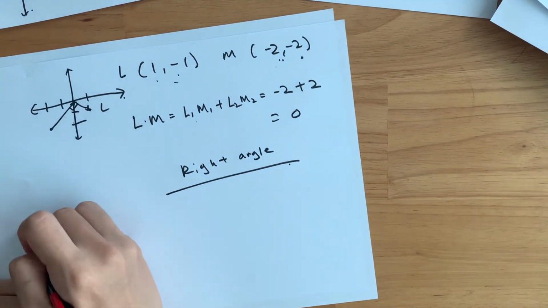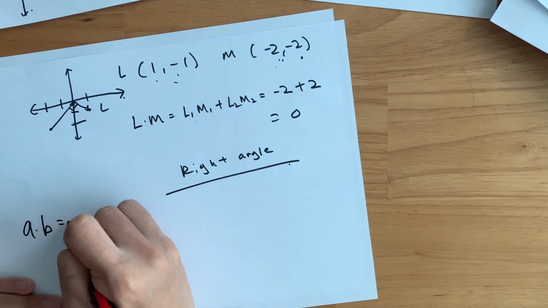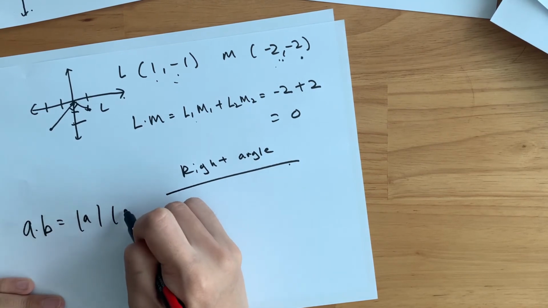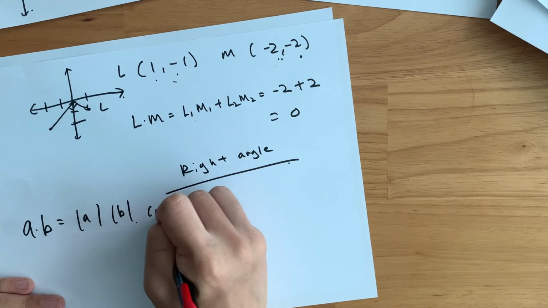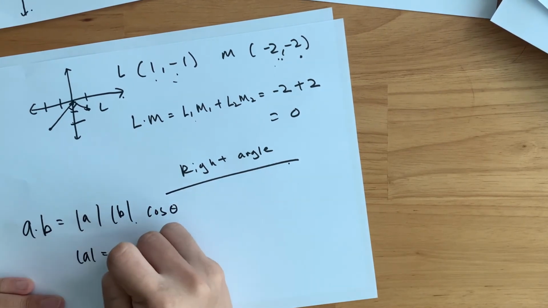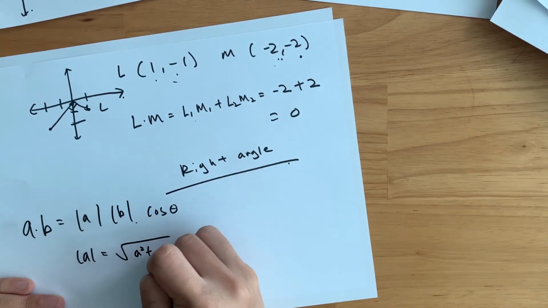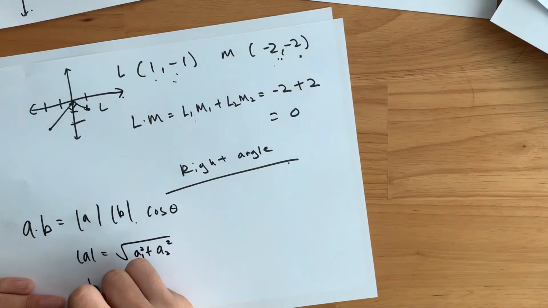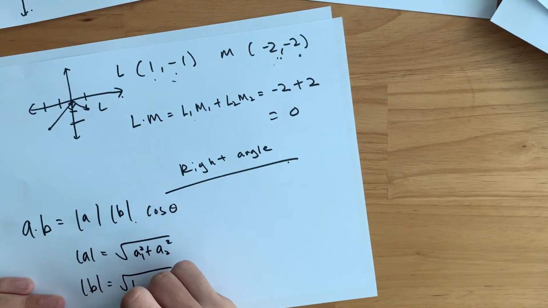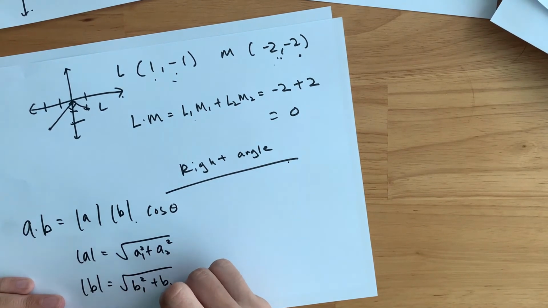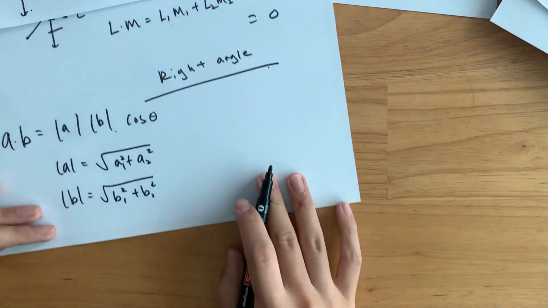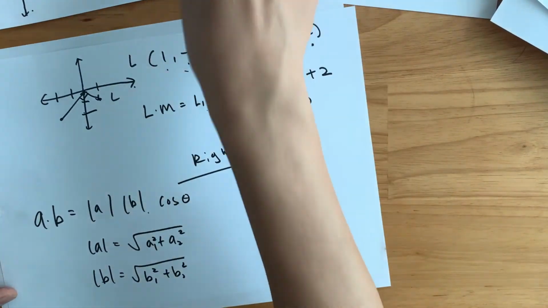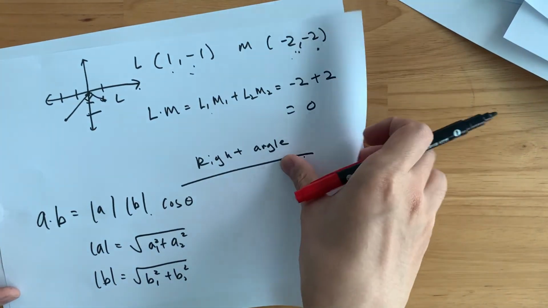Just remember this: the dot product of A and B is the magnitude of A and B times cosine theta. The magnitude of A is the square root of A1 squared plus A2 squared. Let's say this is X in the XY coordinate.